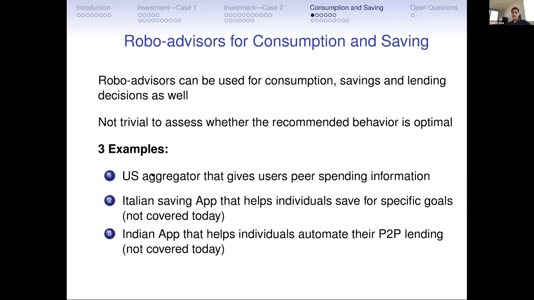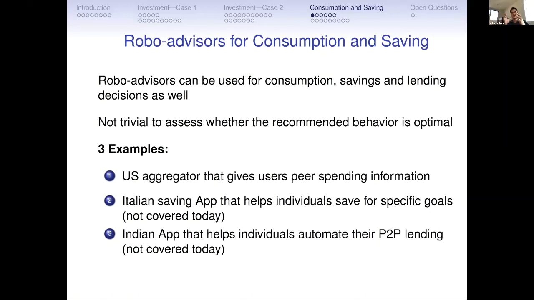The first one is trying to assess the impact of a US aggregator that gives individuals information regarding peer spending. So if you were, for example, someone that has just graduated, an assistant professor in New York, this will tell you how much people that make as much money as you are spending on restaurants, on shopping, on rent, and so on.